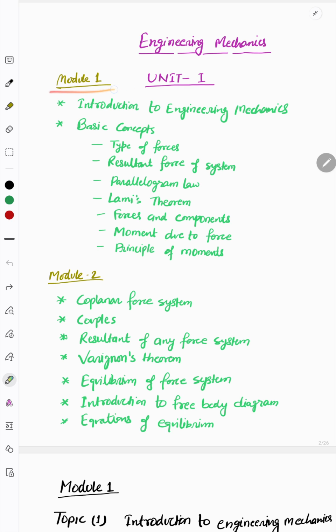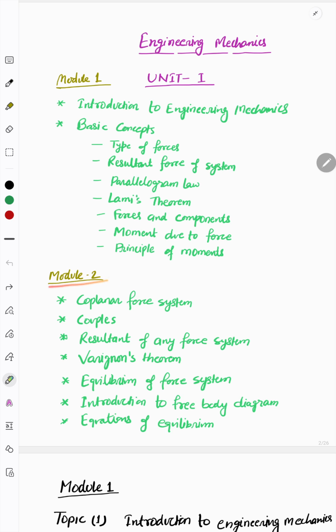Here module 1 is about introduction to engineering mechanics and its basic concepts. In the basic concepts we are going to study types of forces, resultant force of a system, parallelogram law, Lami's theorem, then forces and their components, moment due to forces and principle of moments.